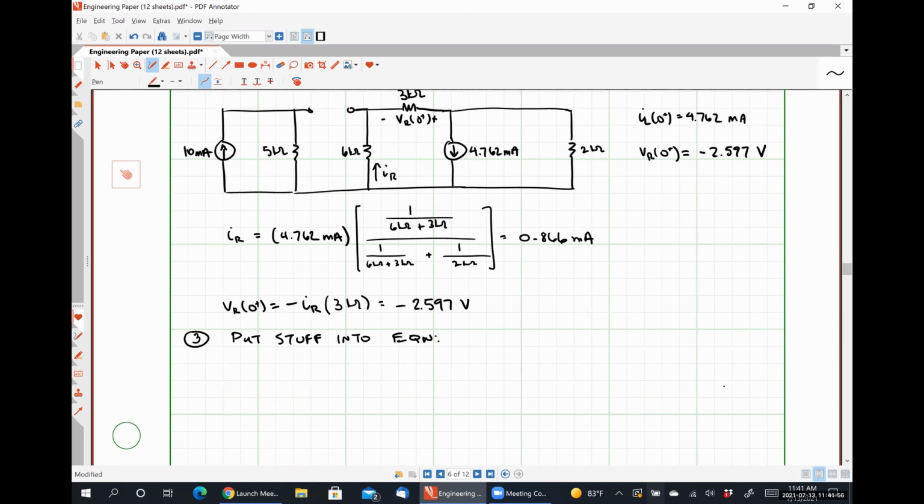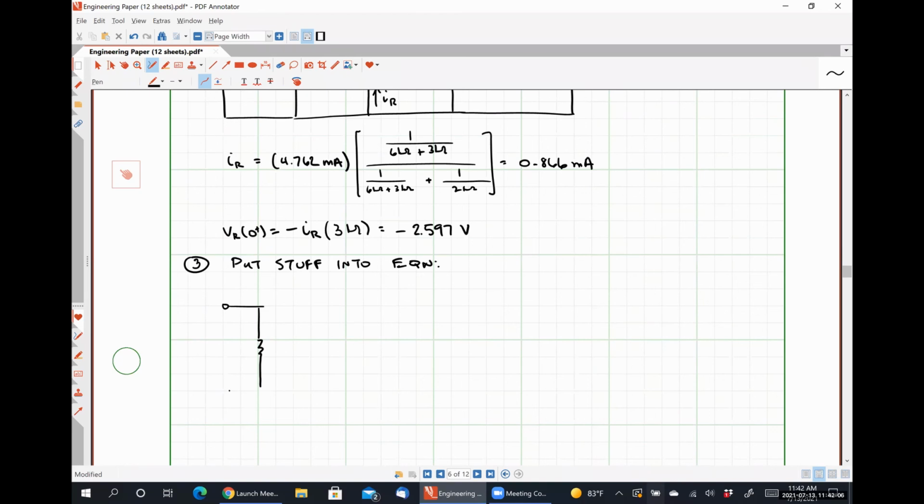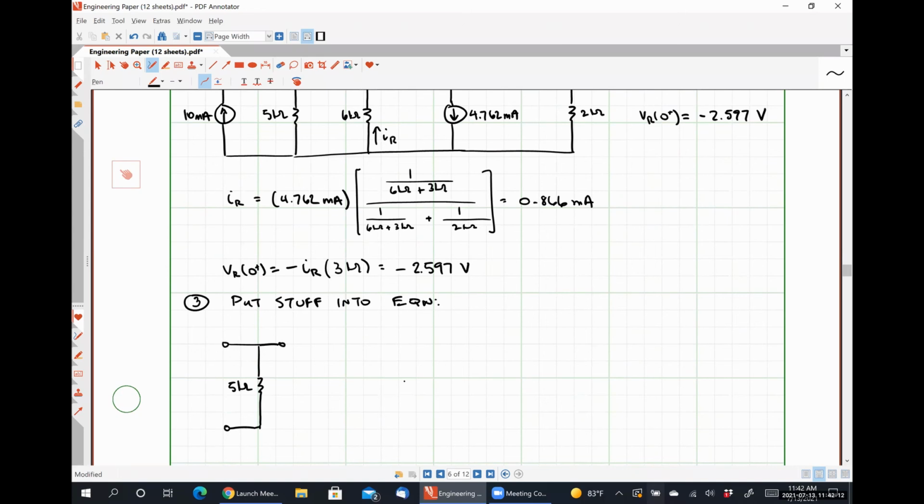So our current source will look like an open circuit because that's how we turn a current source off. So here's our 5 kilo ohm resistor. We have our open circuit from the switch being open because we are doing all of this during the transient condition.